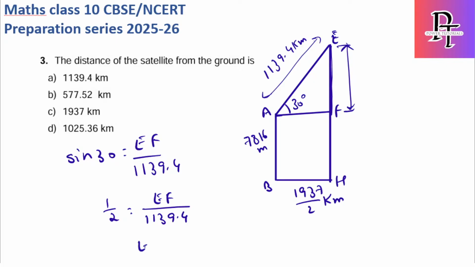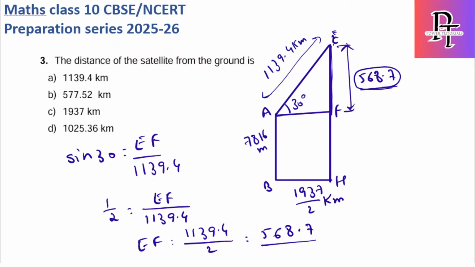So EF is nothing but 1139.4 by 2. If I do 5 twos are 10, 13, 6 twos are 12, 19, 8 twos are 19, and 2 sevens are 14, we get 568.7 as the distance EF. Now the bottom distance, if I convert into kilometers, becomes 7.816. So if I add these two, 568.7 and 7.816, let's add it.